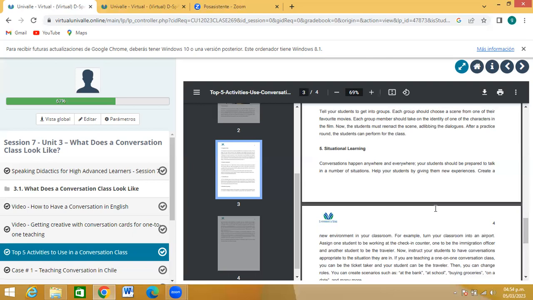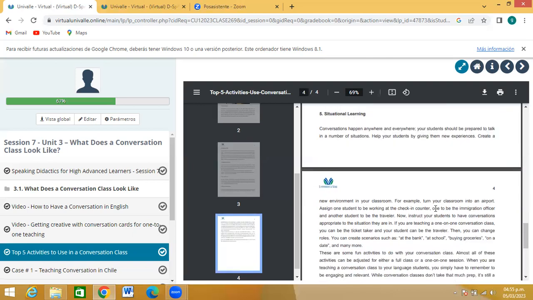Here we have an example. Turn your classroom into an airport. Assign one student to work at the check-in counter, one to be the immigration officer, and another student to be the traveler. Now, instruct your students to have conversations prepared for the situation they are in.